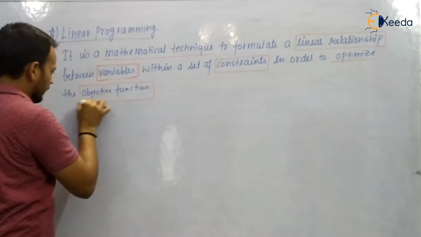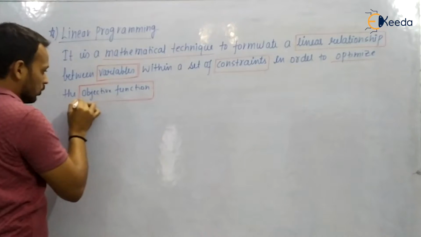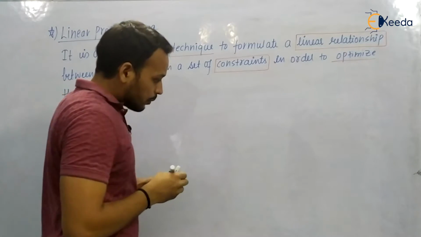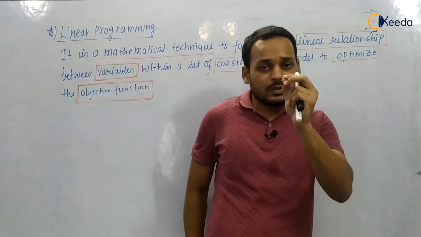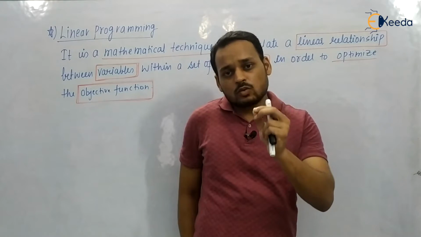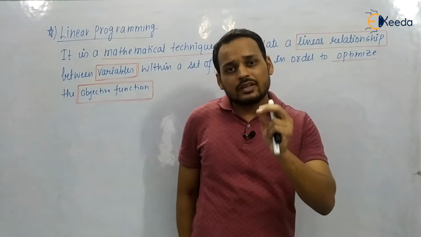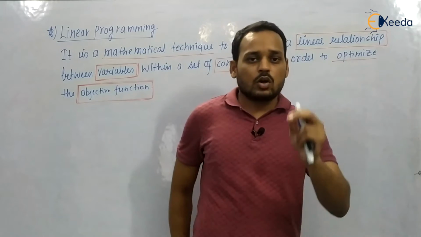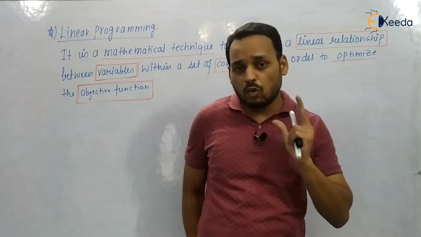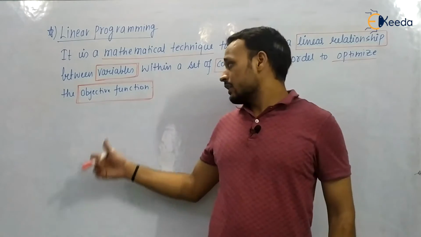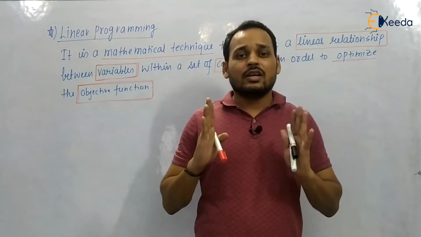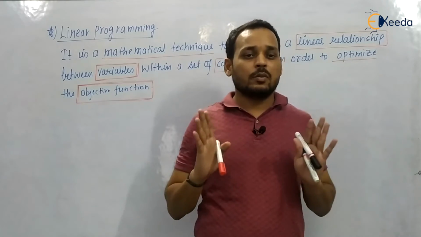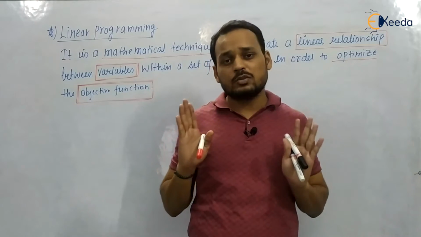The main term is the objective function. In each and every linear programming method, whether it is the graphical method, the simplex method, the transportation method, or the assignment model, in every case we will get our objective function. Objective function means it is our aim, and we have to optimize it.